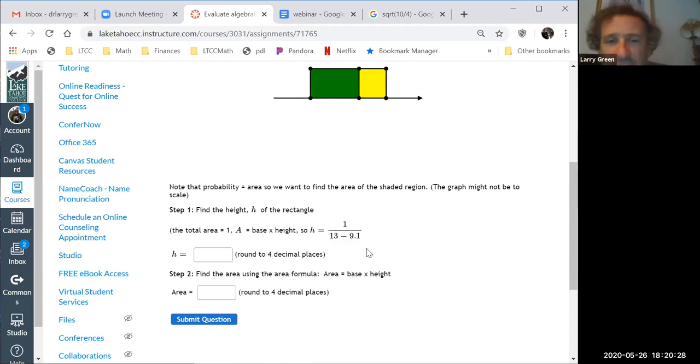So let's see if you can do that in your calculator. I want to make sure that you know how to do order of operations correctly. See if you can do that, and I'll do it in my head.